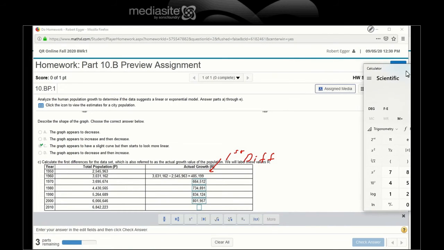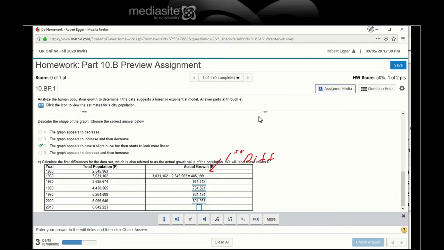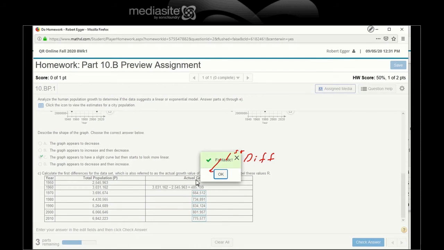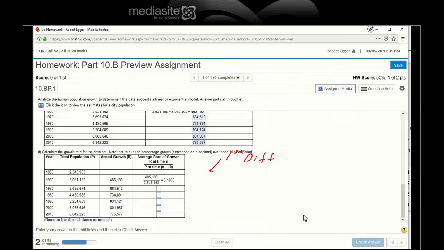Hey, that's interesting. All right, let's see if we're correct with our first difference as the actual growth. Population was increasing. Population rate was increasing. Population is still increasing, but now it's starting to slow down at the rate of increase. Hey, done my math right. Outstanding.